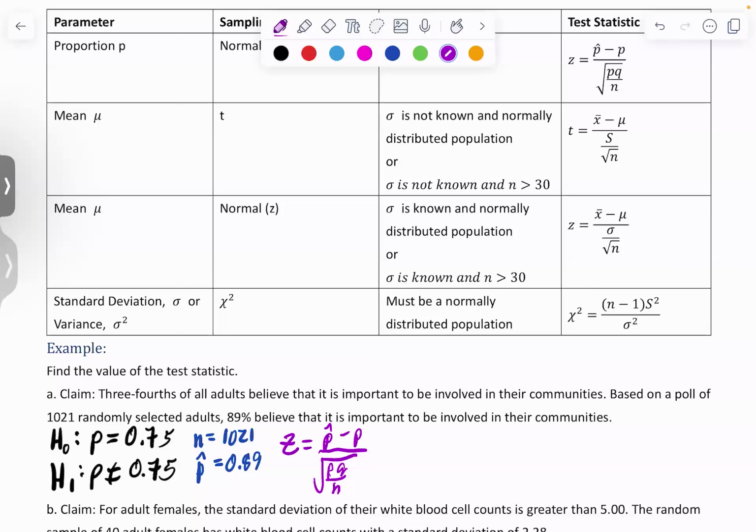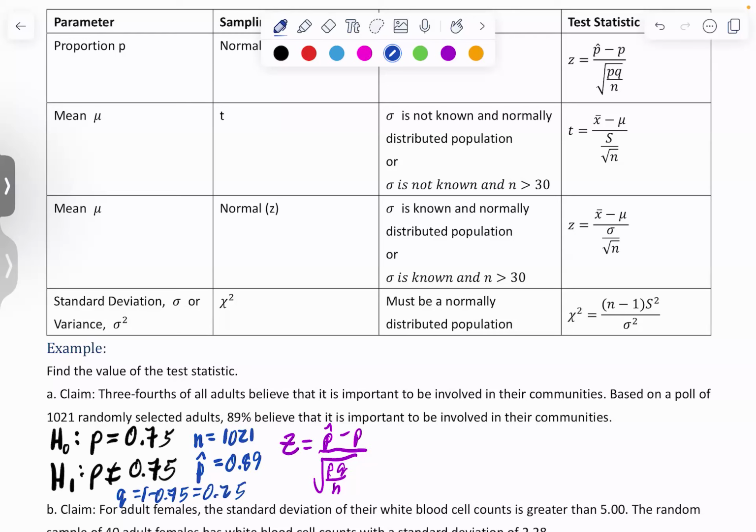And to be clear, not Q hat, we don't need Q hat, we need Q. So let's write that over here. Q is 1 minus 0.75, 0.25.